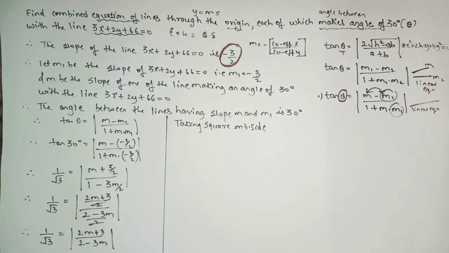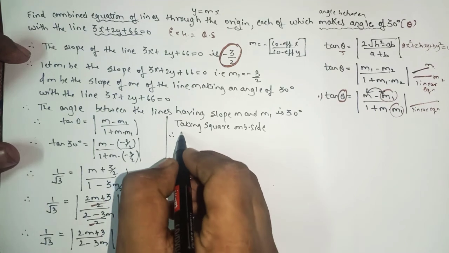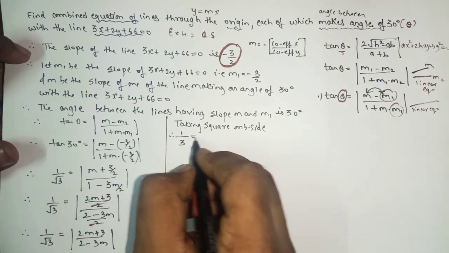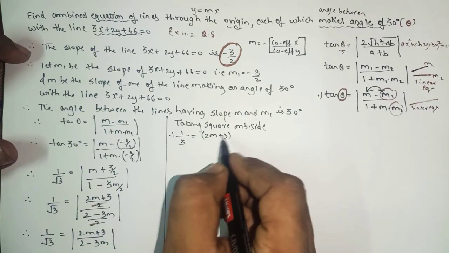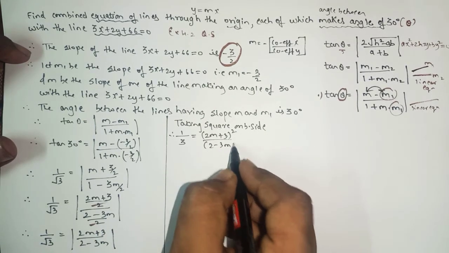We did one sum based on this. When you have a mod and a root, we have to remove the root, so we'll take the square on both sides. The square of 1 will be 1, the square of root 3 will be 3, the square of this part will be 2M plus 3 the whole square, and the square of this part will be 2 minus 3M the whole square.